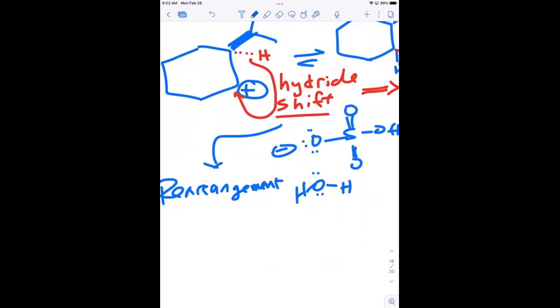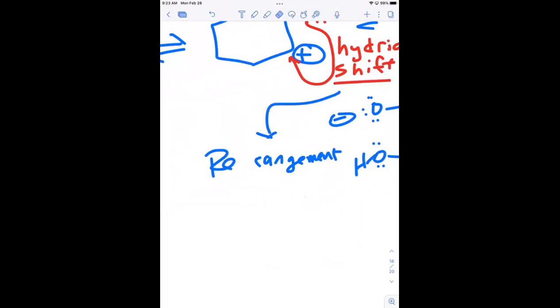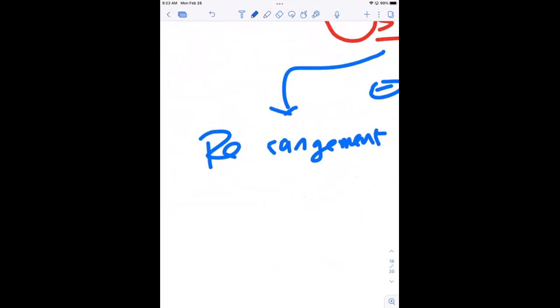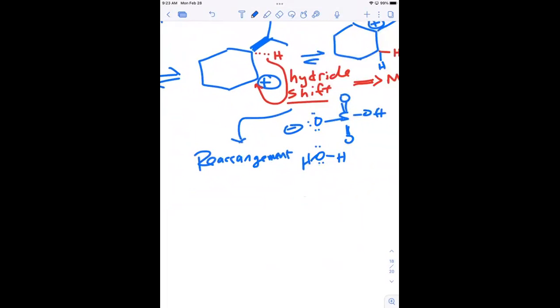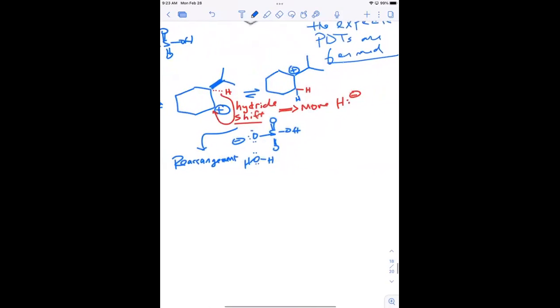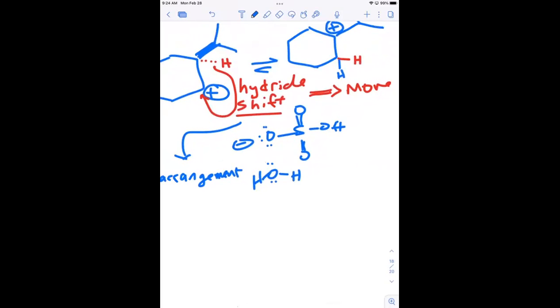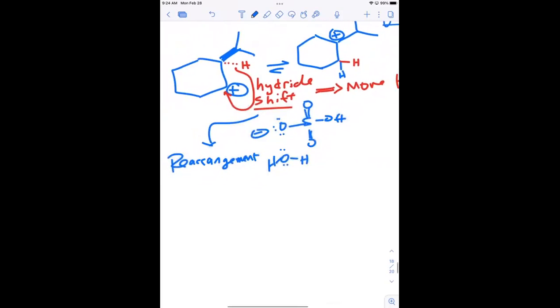So this is one of our 4 types of reactions, where a rearrangement happens when you move electrons or atoms and shift them across a system. There are lots of different types of rearrangements, but the basic premise is that you're shifting a pair of electrons and an atom across a system. So this type of hydride shift is a 1-2 shift because they're right next door to one another. But there are other types of hydride shifts that you can do.